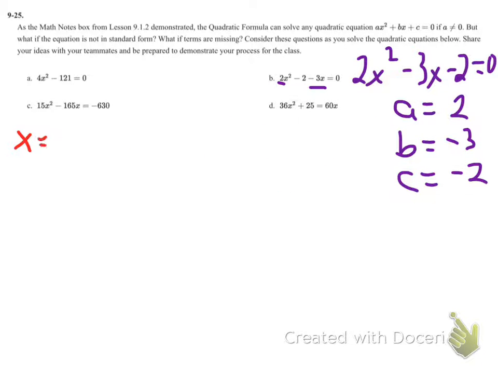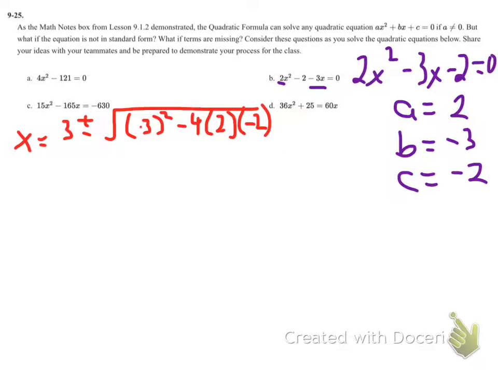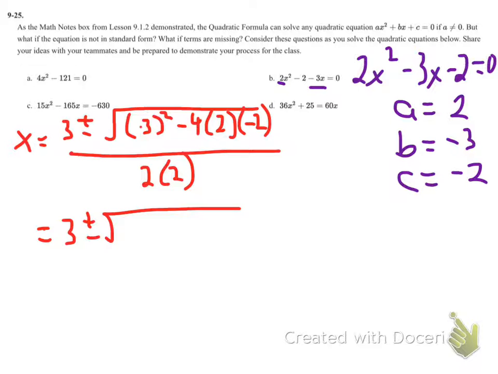So x equals, the opposite of b means it's going to be a positive 3 plus or minus the square root of negative 3 squared minus 4 times a times c, all divided by 2a. That gives me positive 3 plus or minus the square root of negative 3 squared is positive 9.